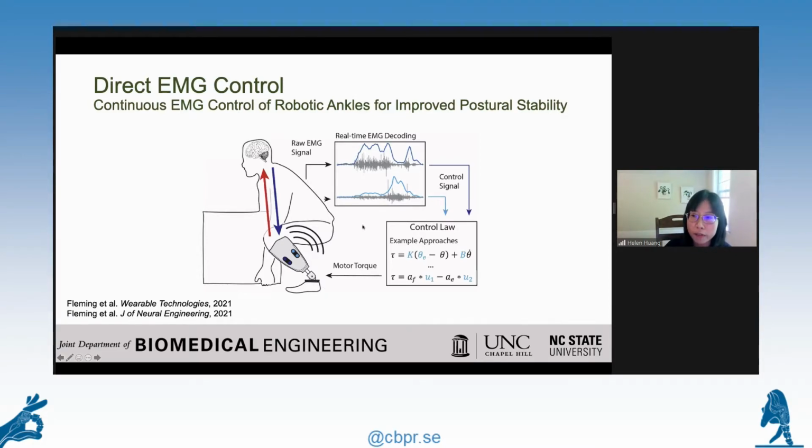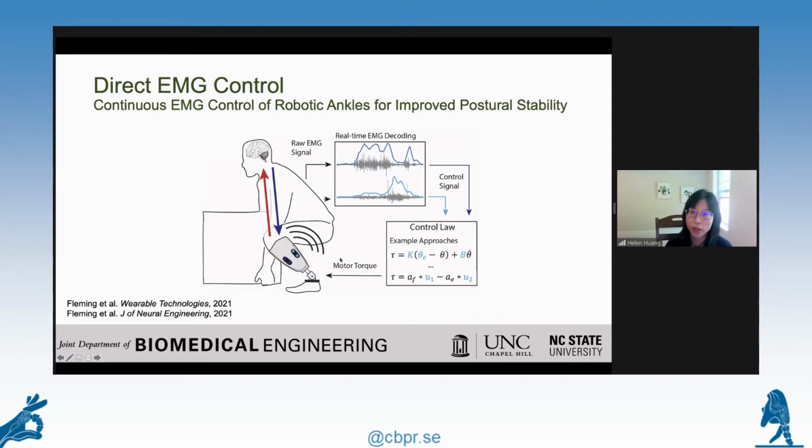But what if we mimic the human biological system, where the muscle, the residual muscle activity, is supposed to control and manipulate the ankle mechanics, and now we use that muscle signal to directly drive the prosthetic ankle.